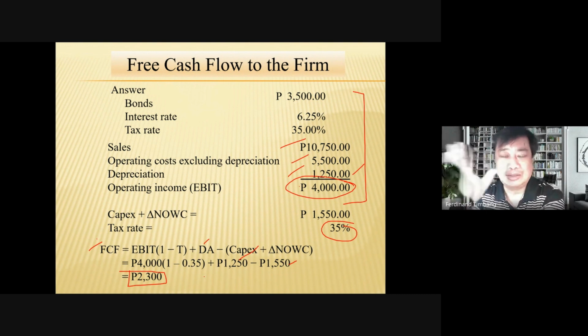Pinapakita lang sa atin yung increase and decrease of cash and what are the sources and uses of cash. But when it comes to free cash flow, ito naman very specific. This is the amount that you can declare as dividend, and this is the amount that you can use to invest in other activities without affecting your operations. No? So yun ang pagkakaiba niya.